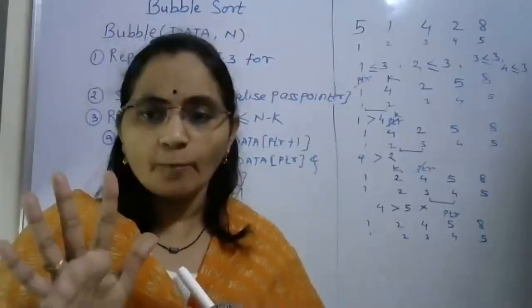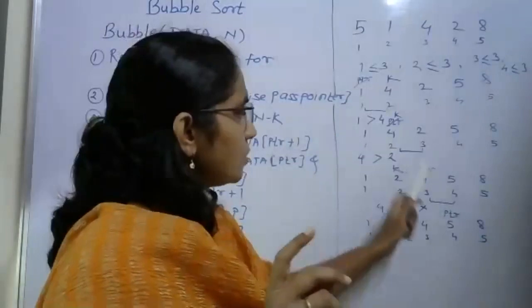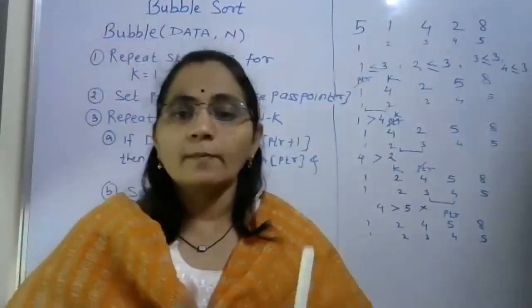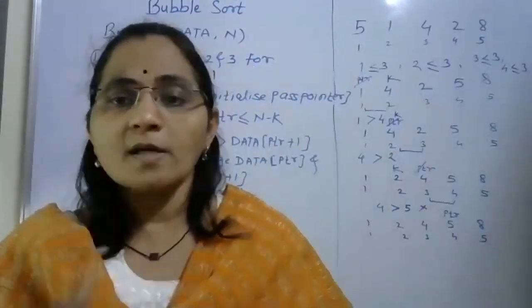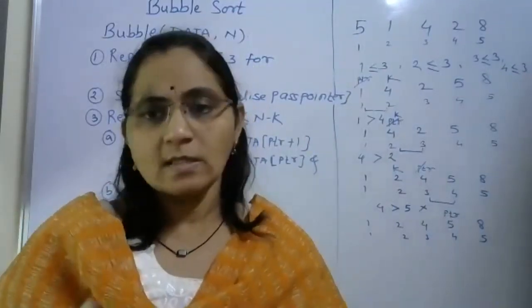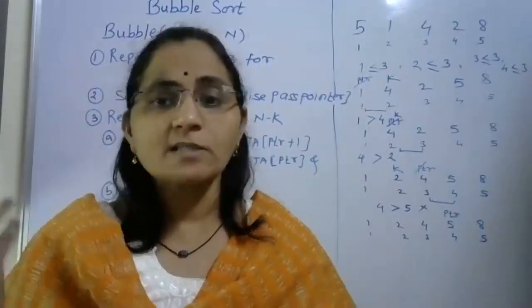N is 5, and 5 minus 2 means 3. So you require 3 comparisons. Because for the calculation of complexity of bubble sort, you must know how many comparisons are required for each pass: for pass 1, pass 2, up to pass n minus 1 and pass n.